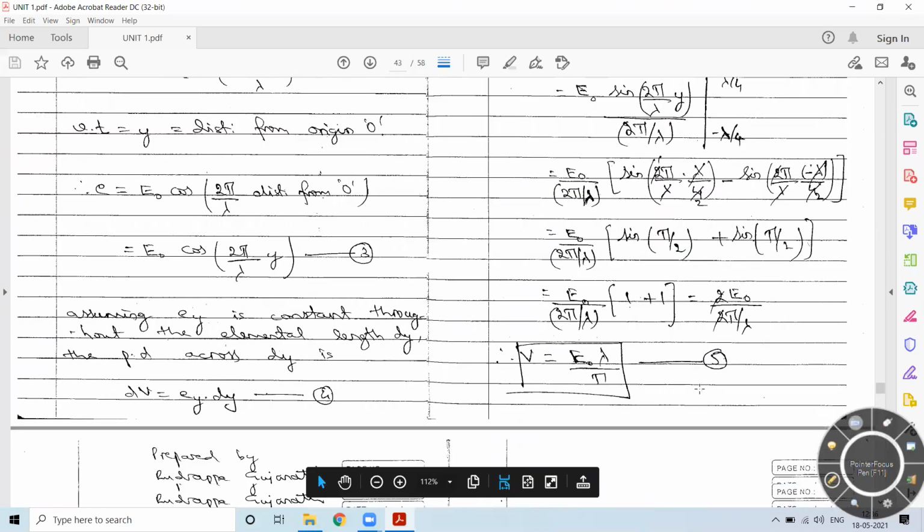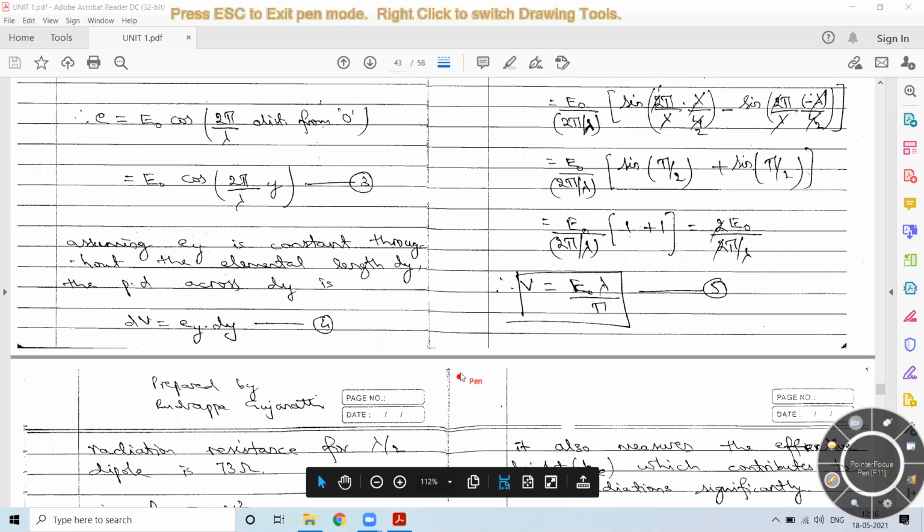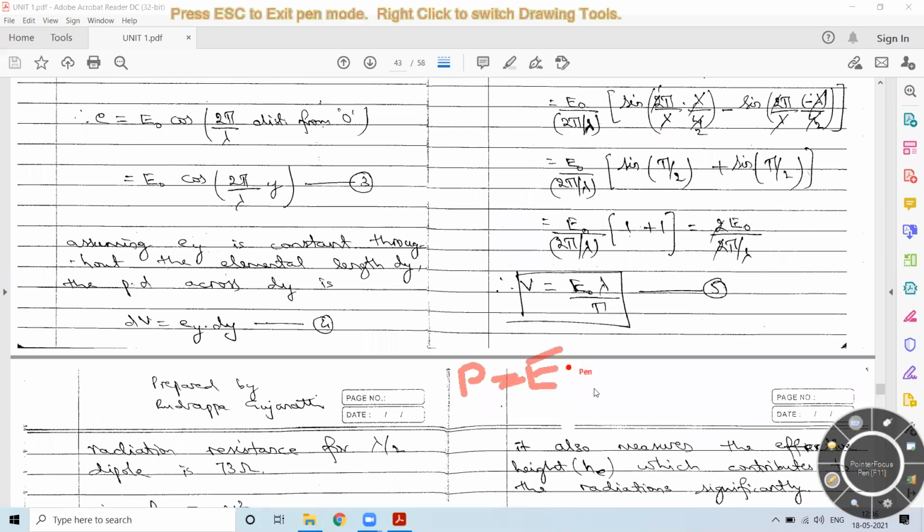As we discussed in the previous session, power density P is given as the cross product of E and H. When I simplify this, it will be the magnitude of E into the magnitude of H into sine theta and a unit vector which is normal to these two vectors.